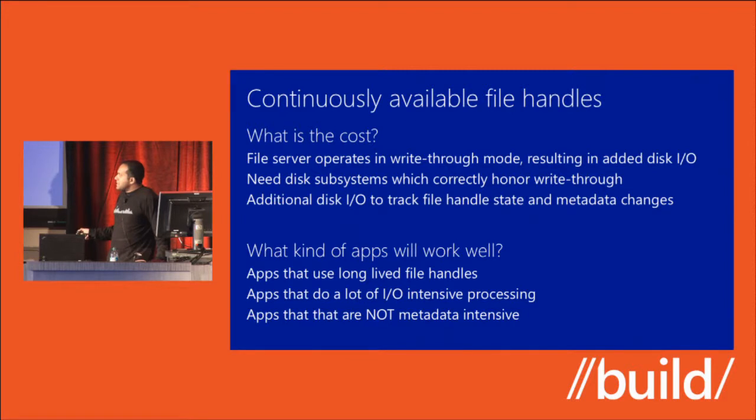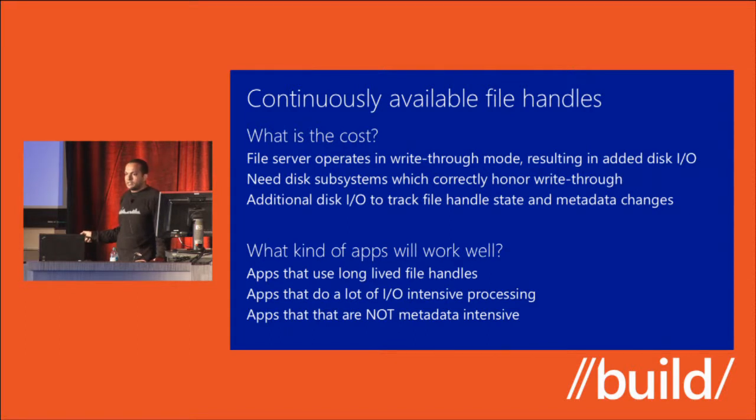And then there is a bunch of additional disk I/O to track any file handle state which needs to be recovered when the handle fails over to the new node. So there's state associated with file handles and state associated with metadata changes. So these things are tracked on disk, so they result in additional I/Os. But as long as your application is data-heavy, these I/Os would generally be minimal.